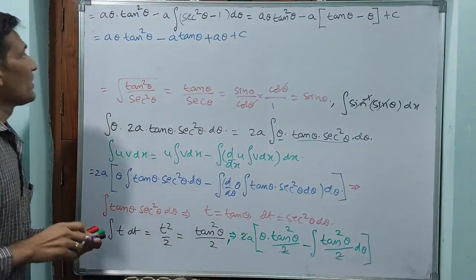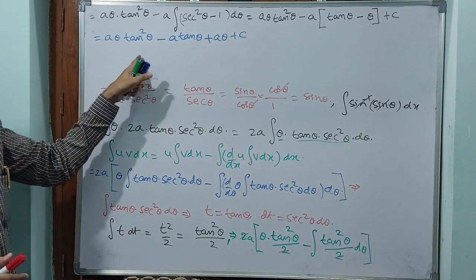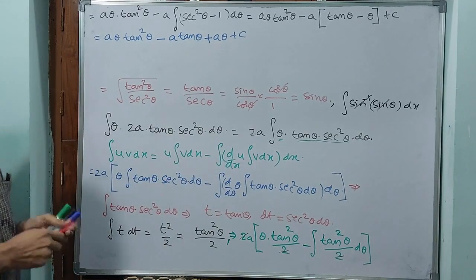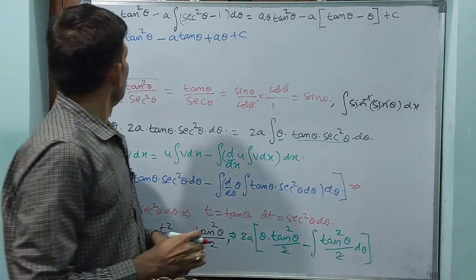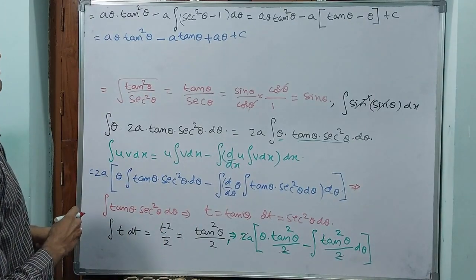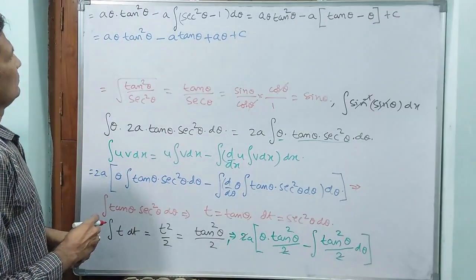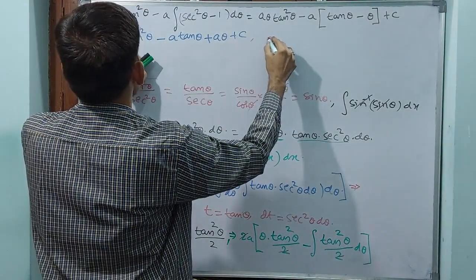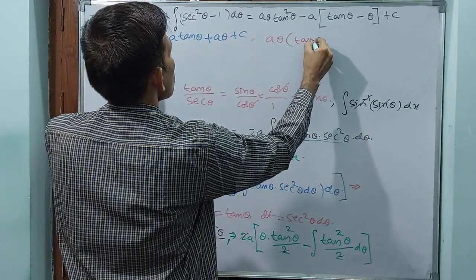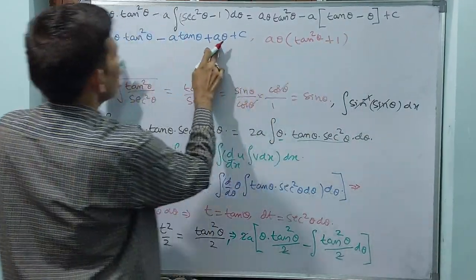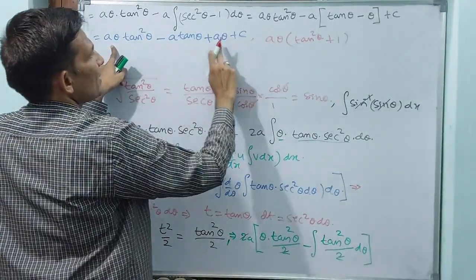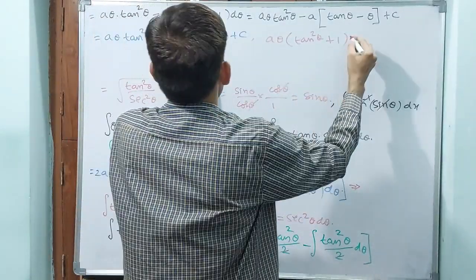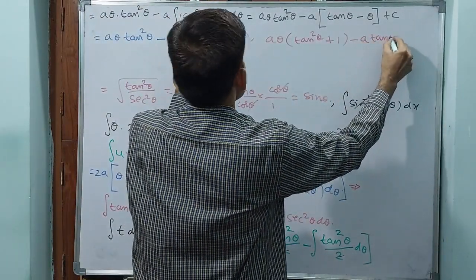Now see, we know tan theta, tan square theta also we know, and theta also we know. By seeing the book I am going to write that, because now the conclusion has come. A theta you can take common: a theta tan square theta plus a theta, so tan square theta plus 1, again you can write secant square theta, minus a tan theta plus c.